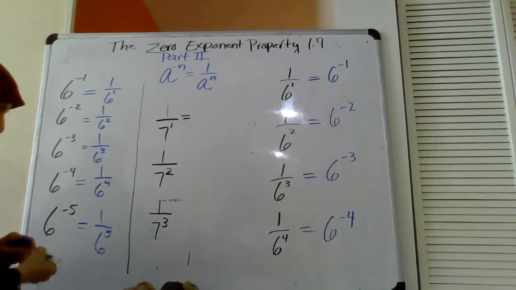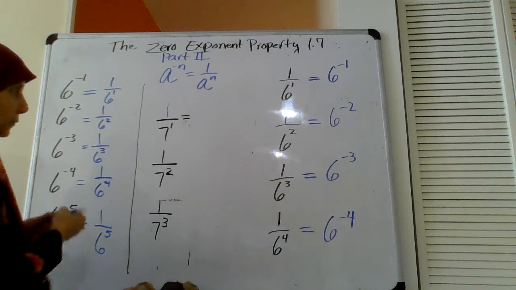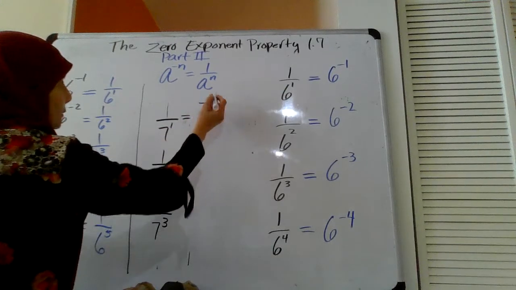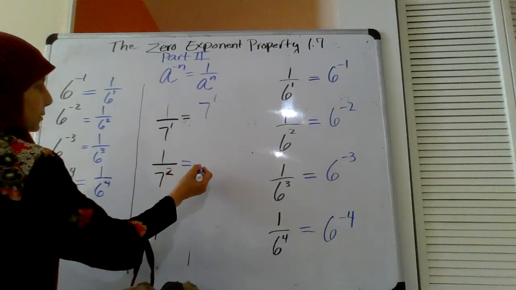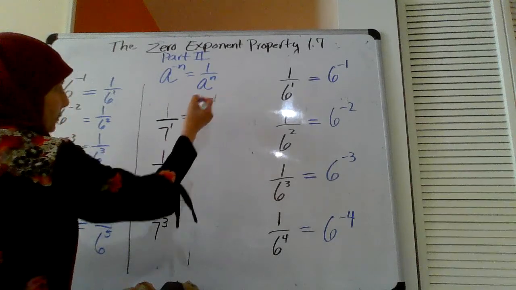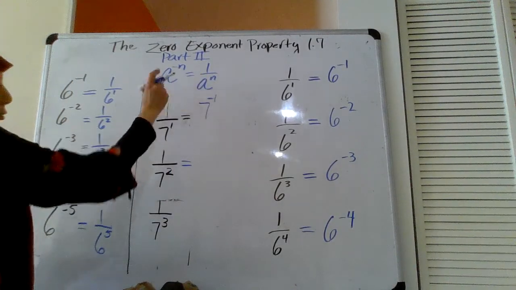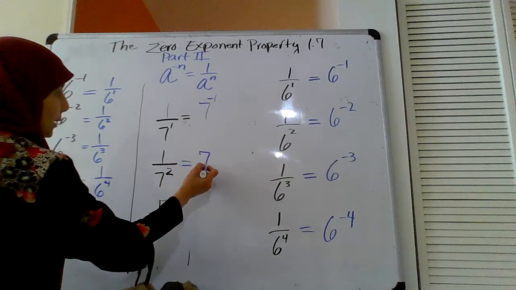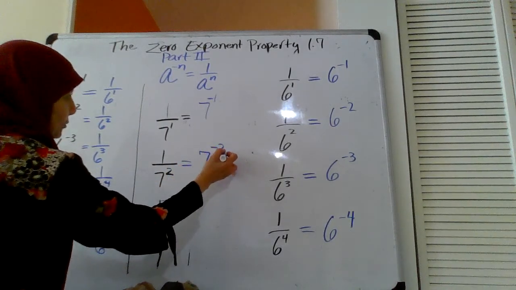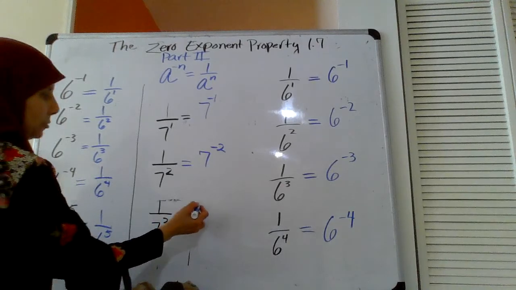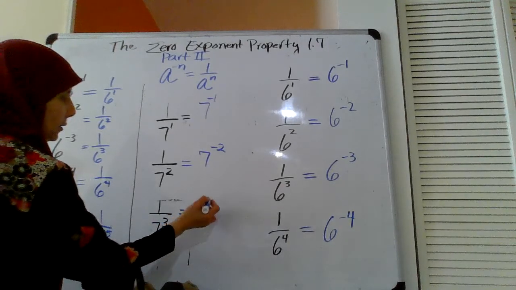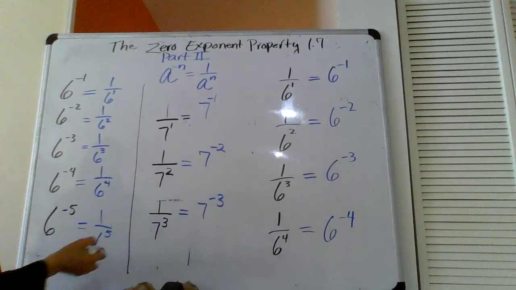That is the same thing as what? 7 to the negative 1. We're going from this form to this form. 7 to the what? Not 2, but negative 2. That is correct. And this will be 7 to the what? Negative 3. That is right.